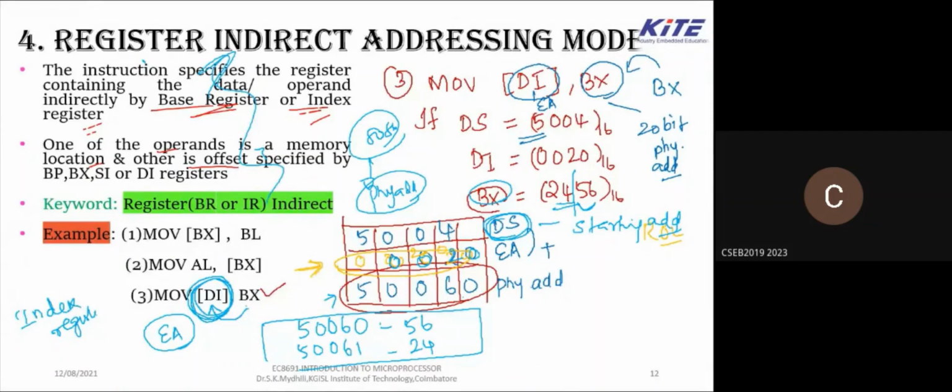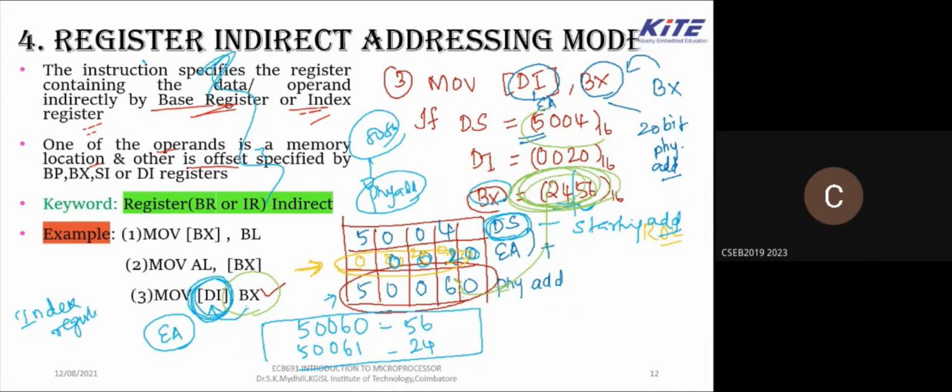The content of BX, you could see here, is considered as 2456. We want to find where it goes. So it goes to the physical address of 50060.